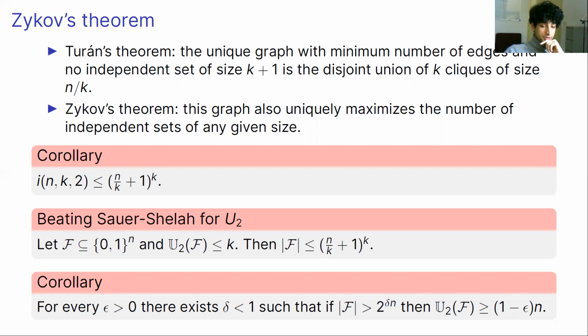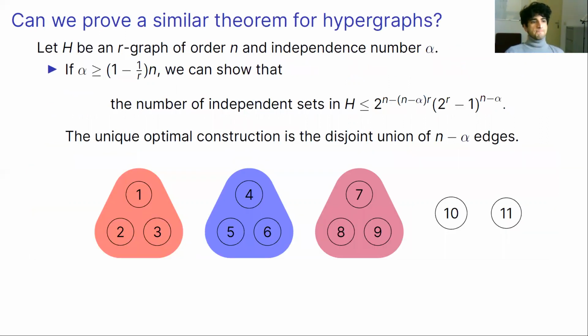What about universal 3 and higher? So the situation is a little bit more difficult here, but it's also not completely hopeless. So what we can show is that for very high independence number, the same result holds.